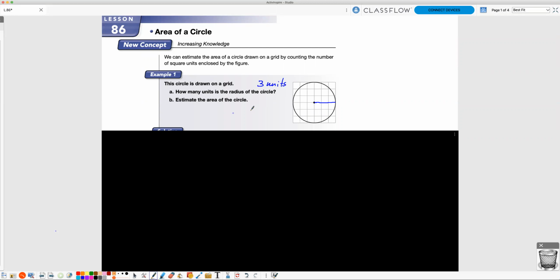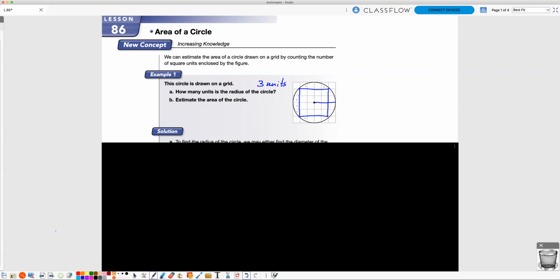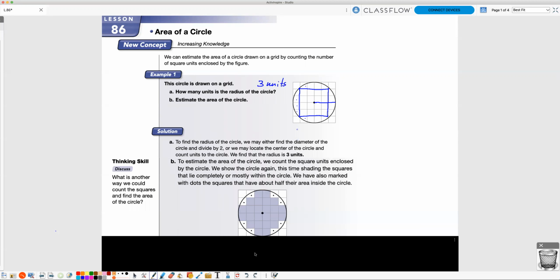Estimate the area of the circle. When looking at the area, you can see the full squares that are made up here. These are all full squares, and then some of these others, I'll put dots in, are worth about half. If you go back, I'll use this example down here.